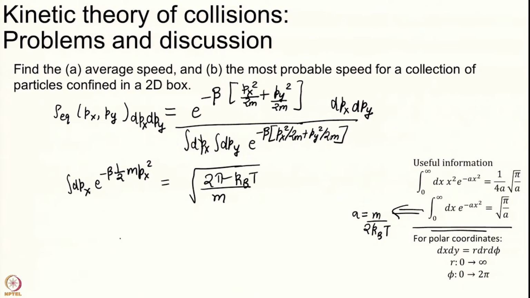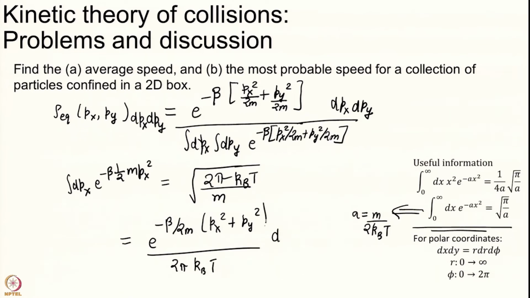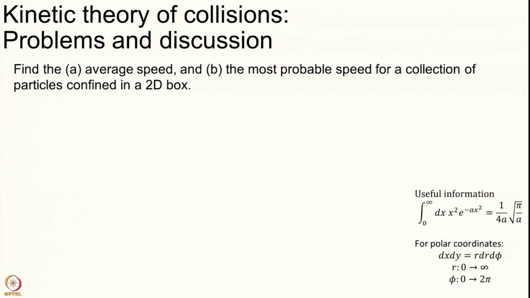Okay. So, this thing then becomes equal to e to the power of minus beta over 2m Px square plus Py square divided by 2 pi kT dpx dpy. Okay. So, the next thing is we have to move to polar coordinates.